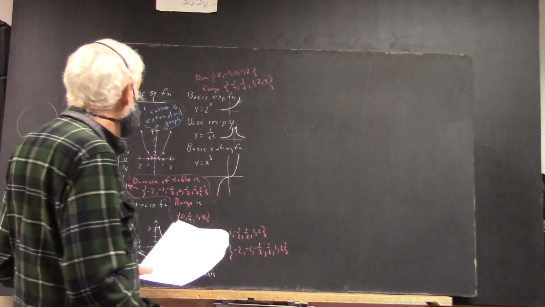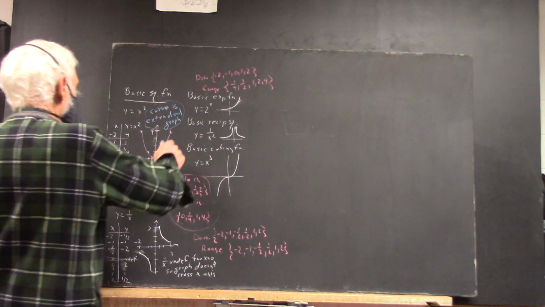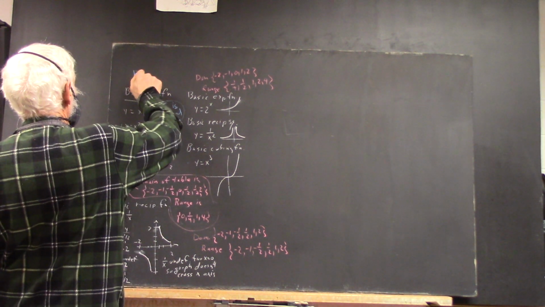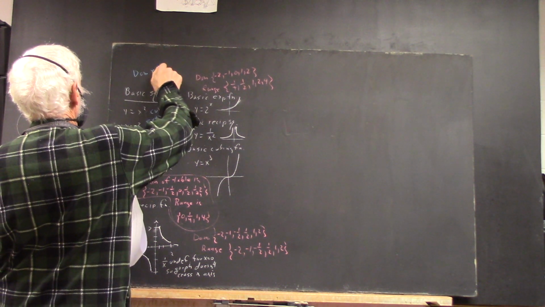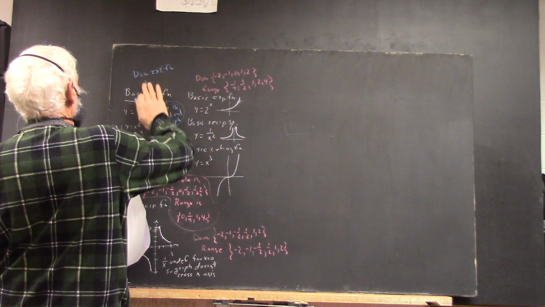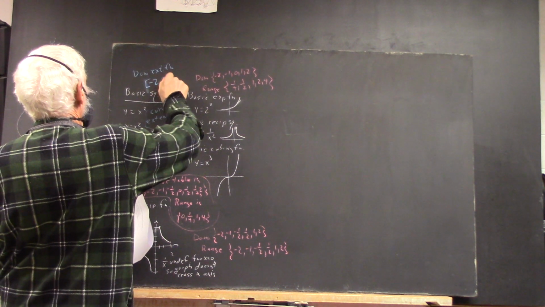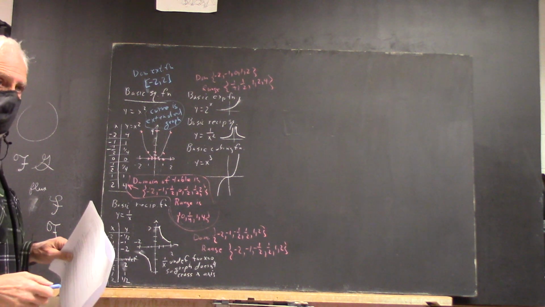So, the domain of a curve is the interval from -2 to 2. Okay?